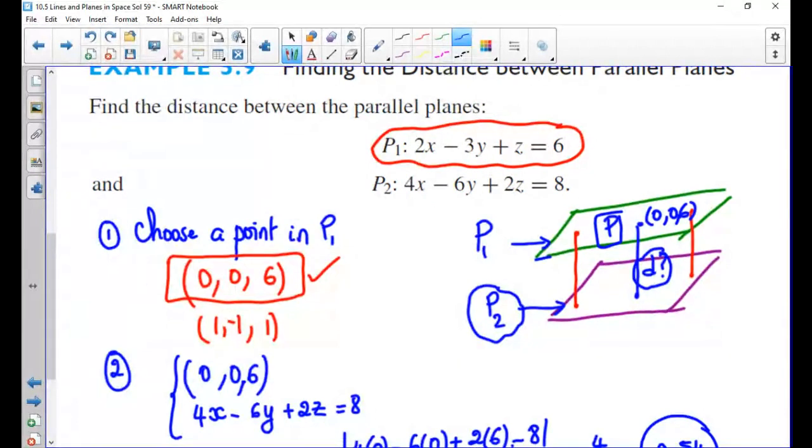We choose x and y, we chose these values. What happened to the 6? We find it by substitution. Like that. Okay.